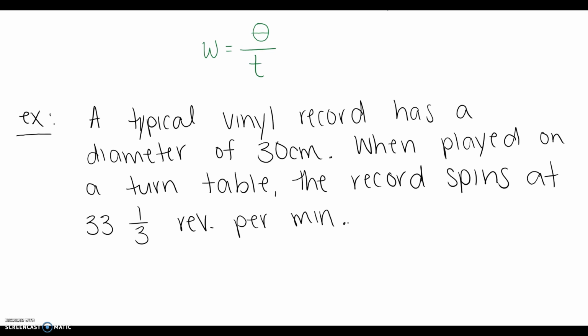A revolution is going around once. So in 1 minute it spins around 33 times and then gets about 1/3 of the way.